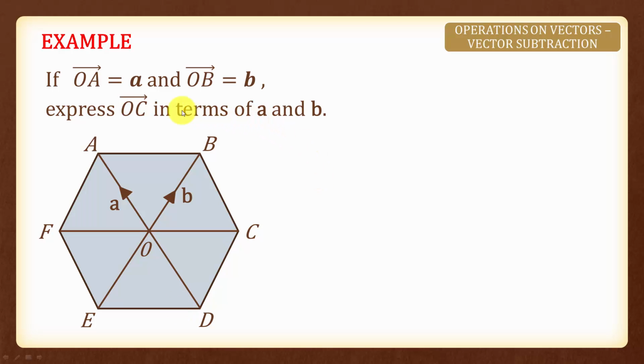In this next example, vector OA is equal to A and vector OB is equal to B. We are asked to express vector OC in terms of A and B. Since vector OC is equal to vector AB, therefore vector AB is equal to vector A blank plus vector blank B. Yes, these two letters must be the same letter.